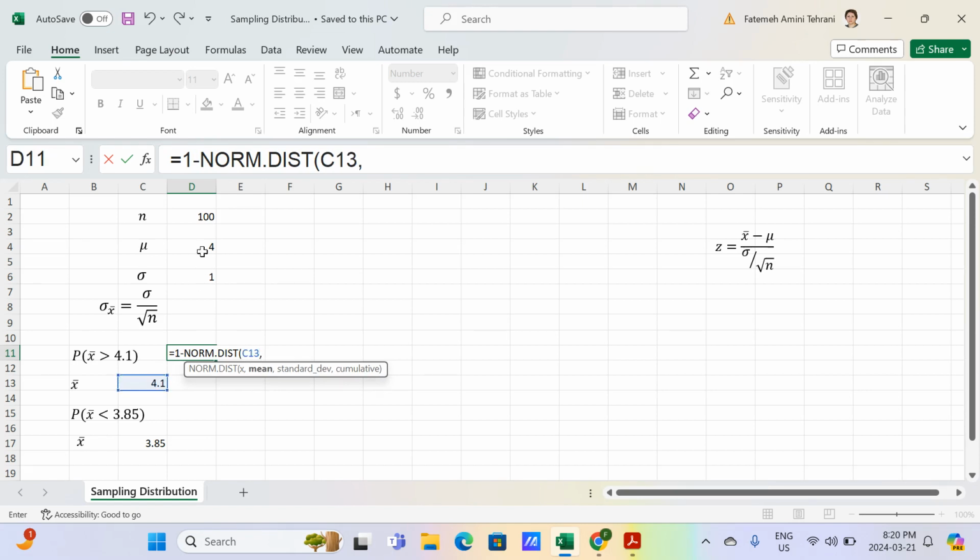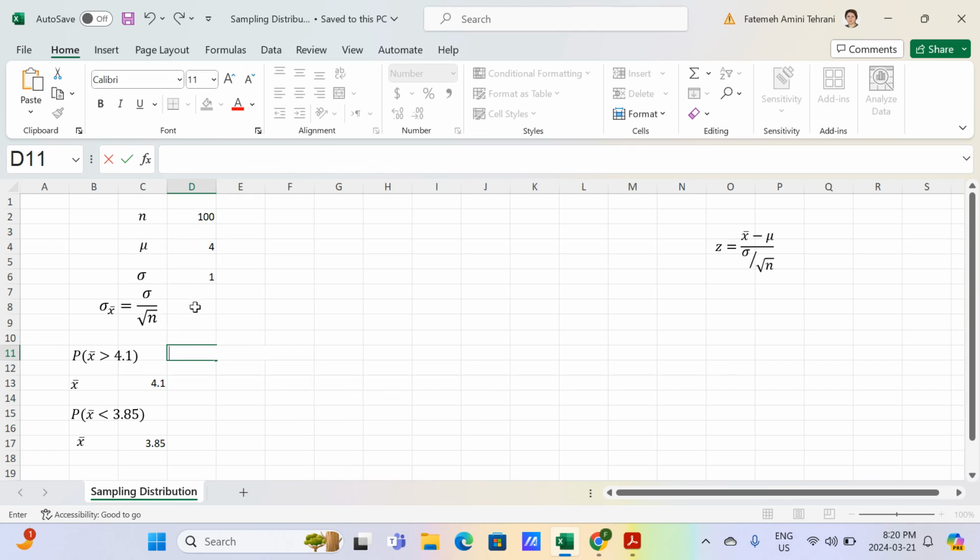Mean is exactly the population mean. But what about the standard deviation of x bar? Look at here, to find the standard deviation of x bar, I need to divide the population standard deviation by the square root of the sample size. So let's find that first.